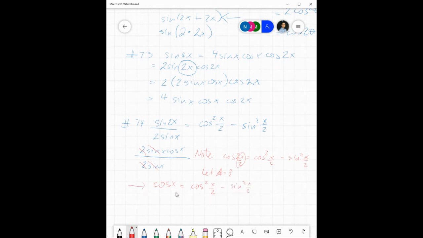So this is a form of the half angle identity, where the expansion has the half angle and the cosine here is just x by itself. Do you see that? Yeah, I can see it. Thank you. Anything else?